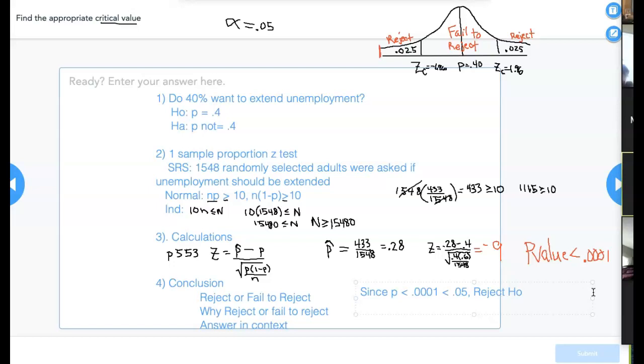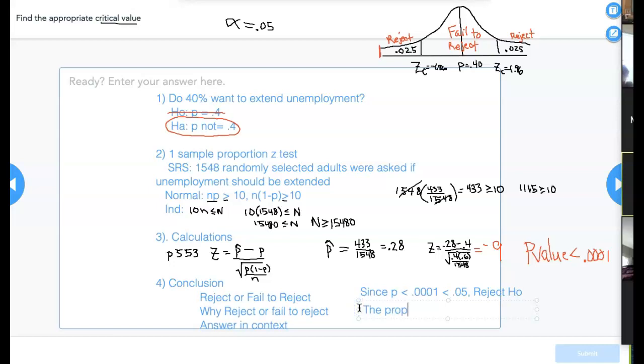Do 40% want to extend unemployment? Okay, so I like to cross off. It's not this one, it's that one. Okay? Do 40% want to extend unemployment?